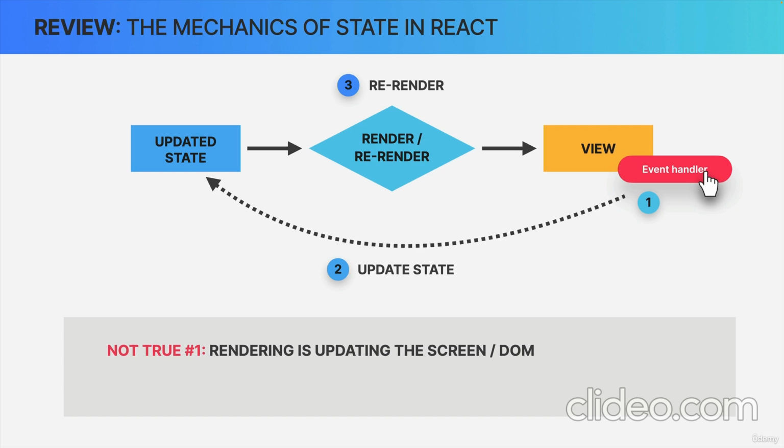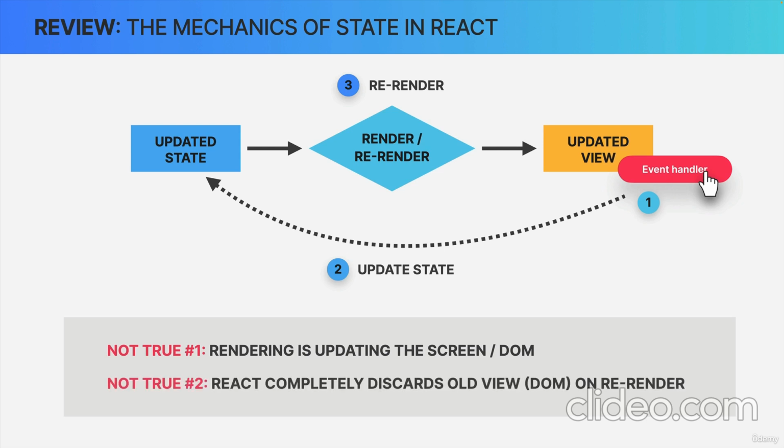It's just about calling component functions. I also told you that whenever there is a re-render, React discards the old component view and replaces it with a brand new one. However, that's also technically not true. So the DOM will actually not be updated for the entire component instance. So if those things are not true, then let's now learn what happens instead and how rendering actually works.